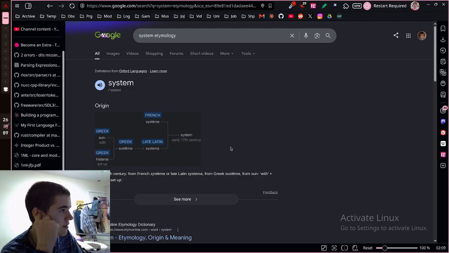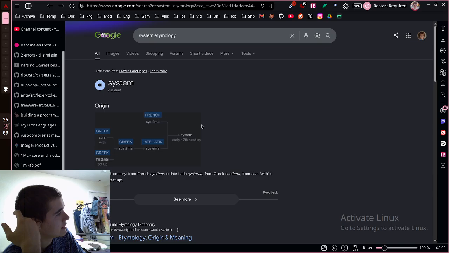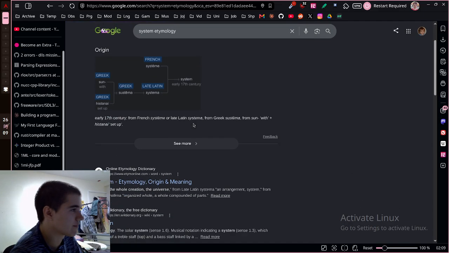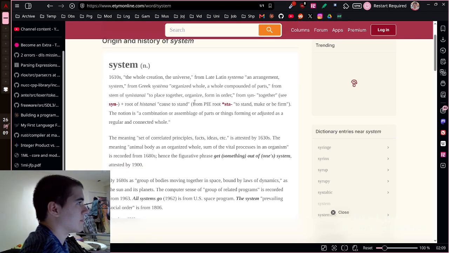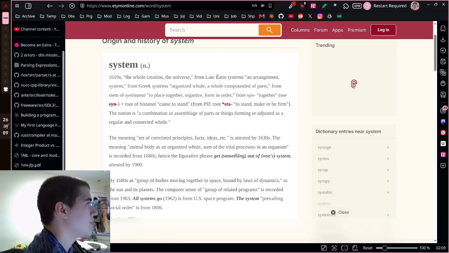Greek sun. Sustema, sistema, system. So it means with, set up. System: the whole creation of the universe, from late Latin systema, an arrangement, from Greek systema.